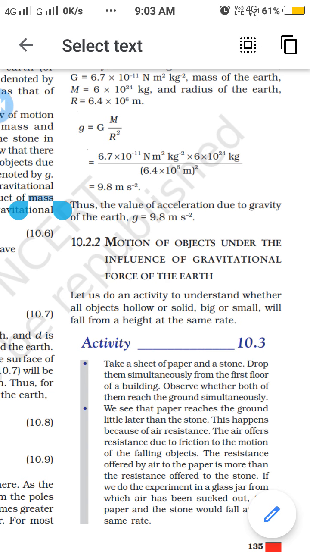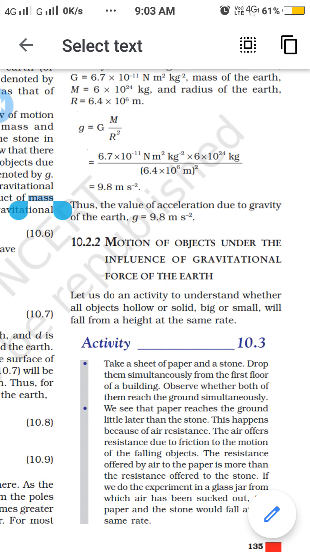We substitute all these values in the equation small g equals capital G capital M upon r square, and finally we obtain the answer 9.8 meter per second square. The value of the acceleration due to the gravity of the earth is 9.8 meter per second square.